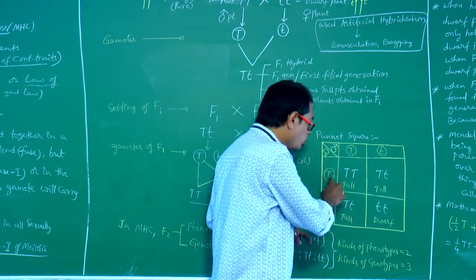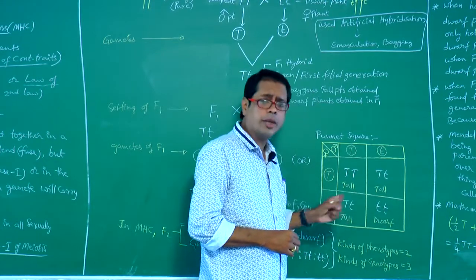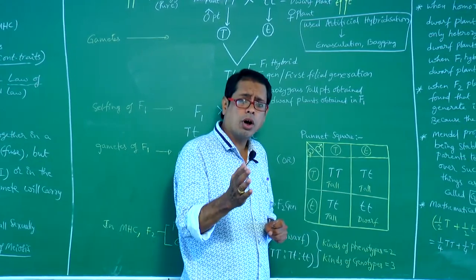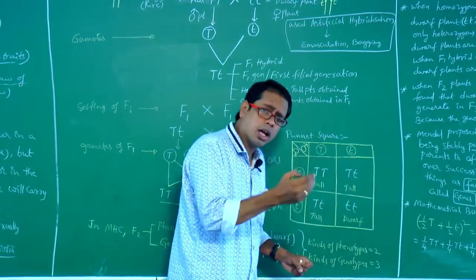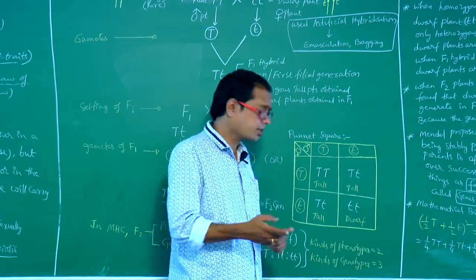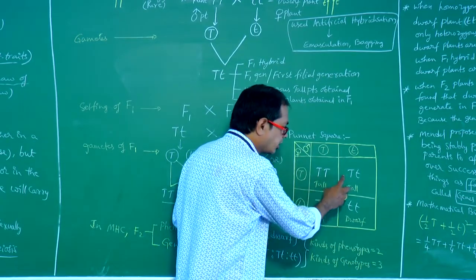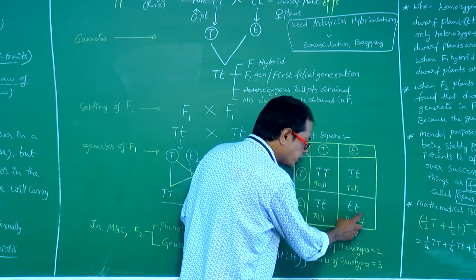We know the union of gametes, and we know all the possible phenotypes, whether it is tall or dwarf. We know all possible genotypes: capital T capital T, capital T small t, capital T small t, small t small t.